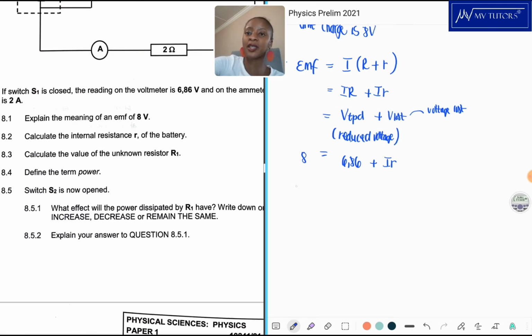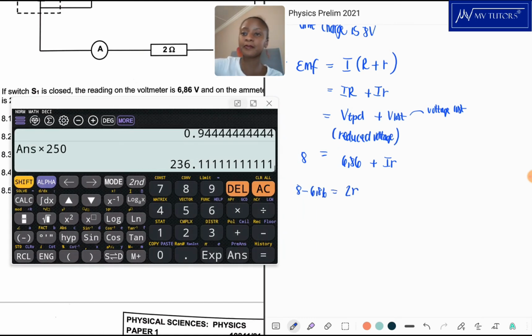So Ir, let me just say 8 minus 6,86 is equal to 2 times r, because they gave us the current flowing, which is 2 amperes. Okay, so you have 8 minus 6,86, it's 1,14.